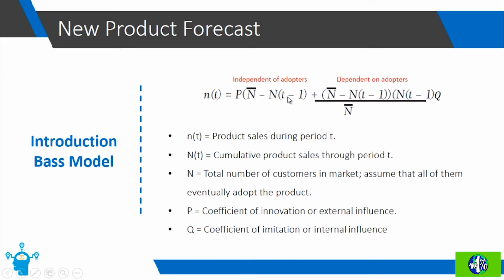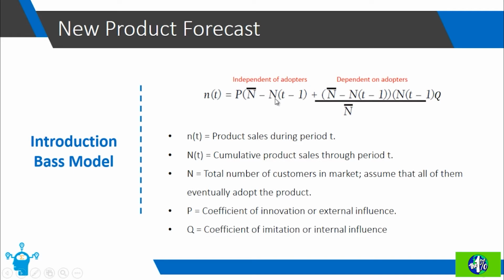Since N bar is the total number of customers who will be taking our product, N t minus 1 is the cumulative customers till t minus 1 period who have bought our product. So this difference is telling us the number of customers who have not yet bought the product. In this term, there is no influence of the people who have already bought the product. So this term is independent of the number of people who have already adopted the product.